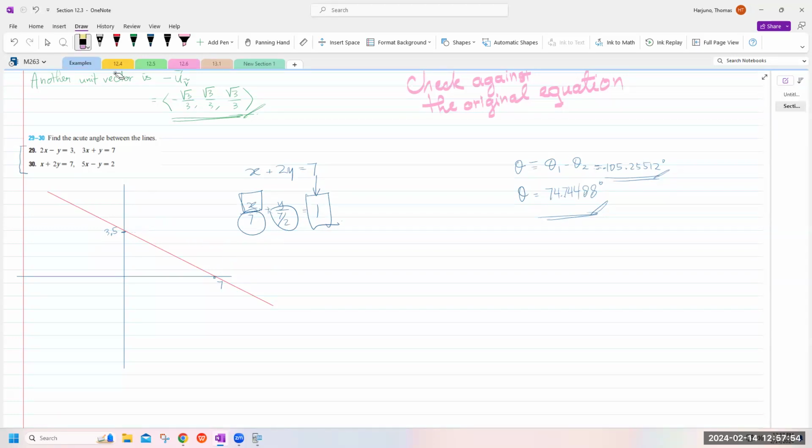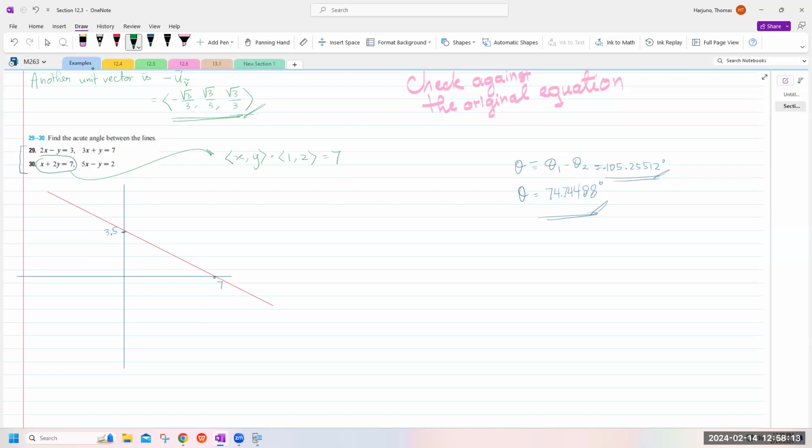Now, but what I want you to learn is actually not that one. What I want you to learn from here is the following. If we see, this is actually (x, y) dot (1, 2) equals 7.